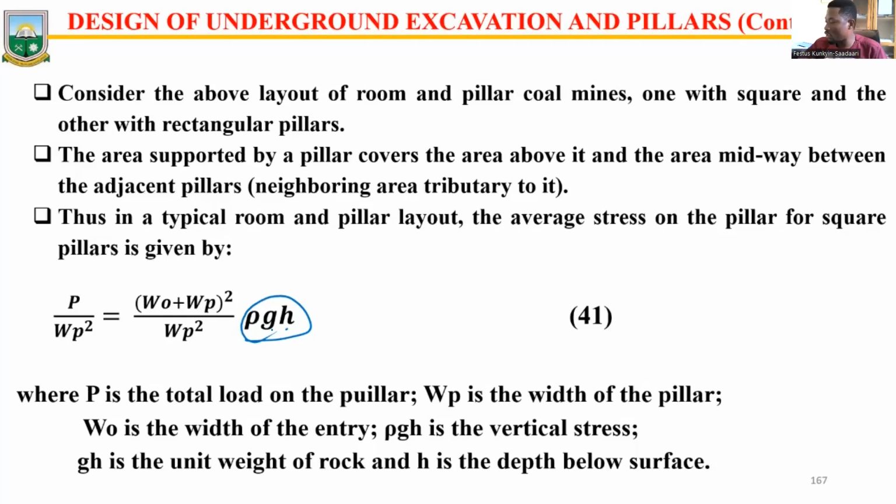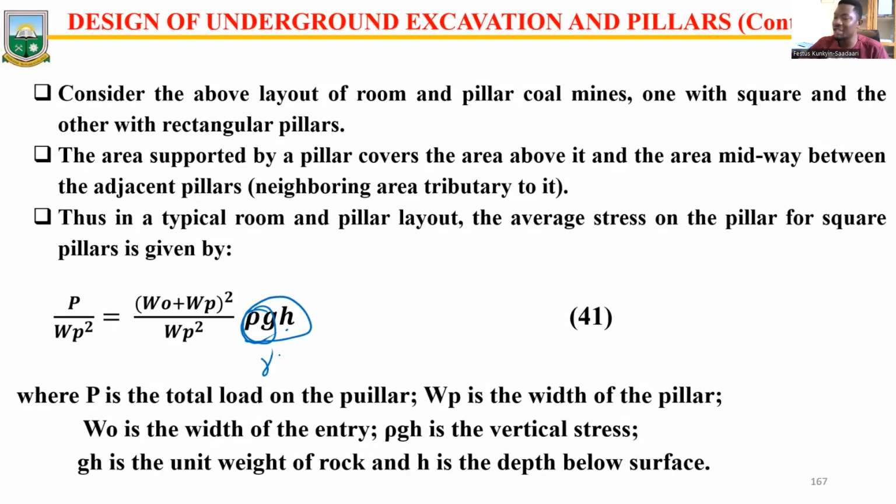And so I can also rewrite this with gamma, which is the unit weight of the material. And I have the width of the ore, which is the space between the adjacent pillars, and this being the width of the pillar, to the power 2, divided by the width of the pillar.